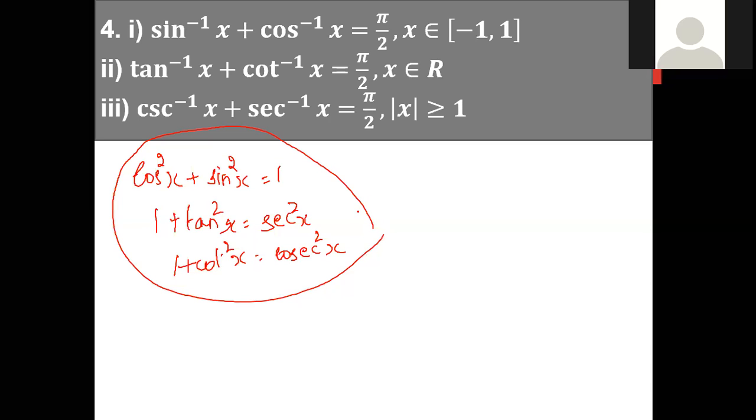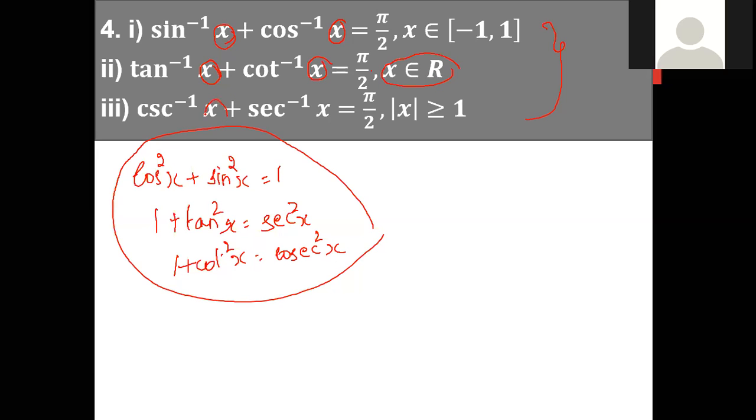Similar to that, we have basic identities in inverse trigonometry. That is, sine inverse x plus cos inverse x is equal to pi by 2, where x should belong to minus 1 comma 1. Tan inverse x plus cot inverse x is also equal to pi by 2, where x can be any real number.